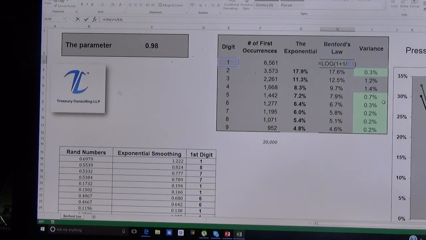Next is the variance. What we did was just utilize the ABS formula, and we applied conditional formatting in that. This is how Benford will help you. Benford will make sure that rather than devoting your energy on all 20,000, you will devote your energy on only one. I hope you like this video.